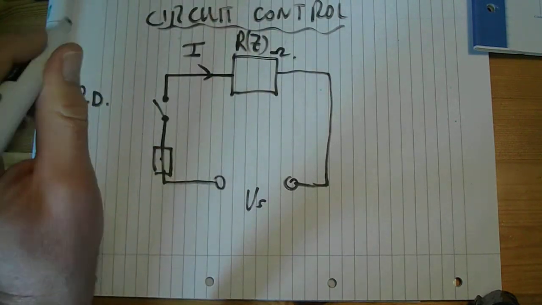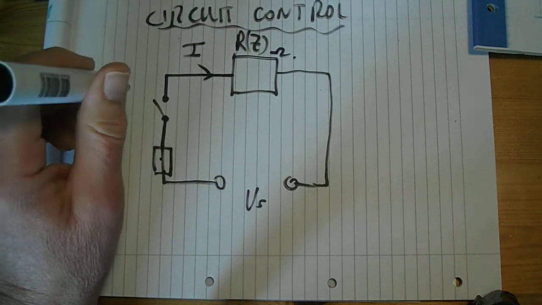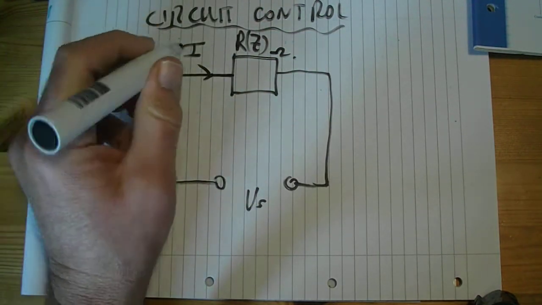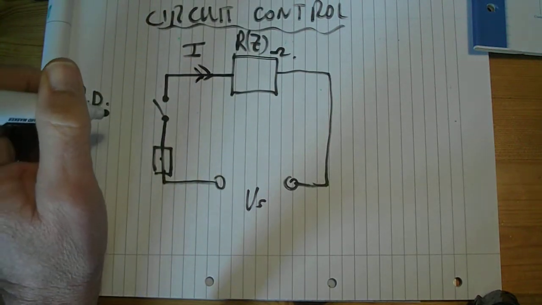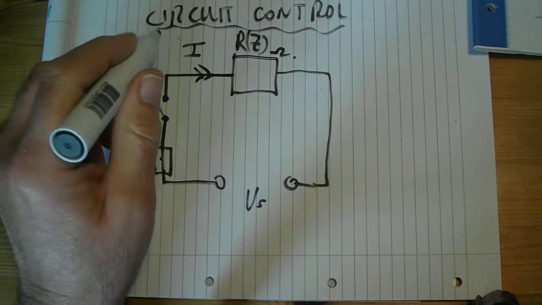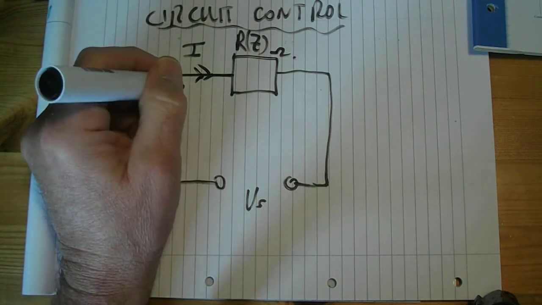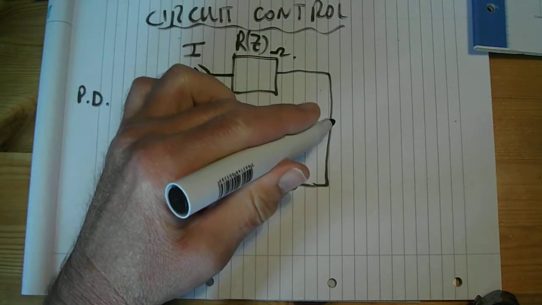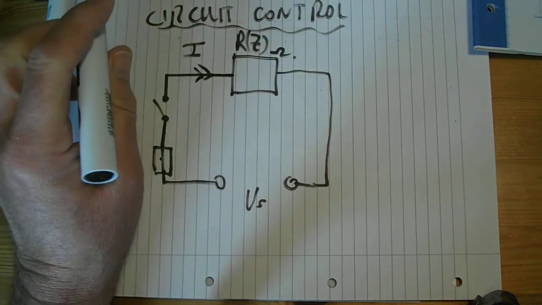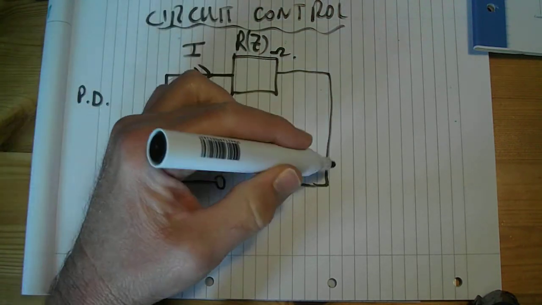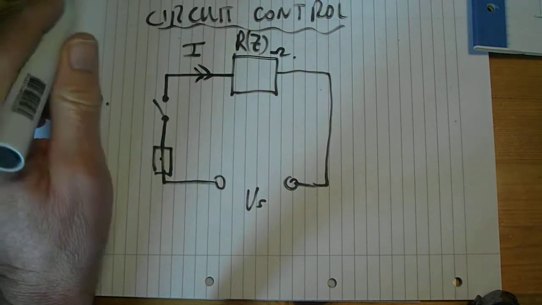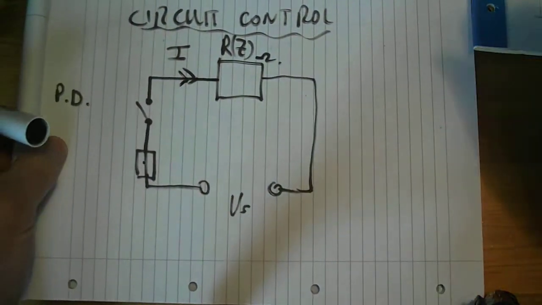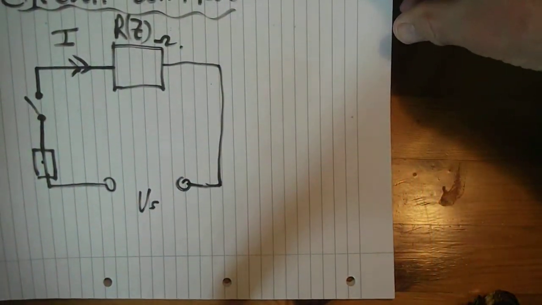So as people switch more and more things on in their house or on their housing estate, the current being delivered to that house or to that estate goes up. And of course we know what happens when the current goes up. These cables that are supplying the customer can get warm, and we can lose energy in those cables and elsewhere in the network. Okay, so that's our basic circuit that we looked at last time.